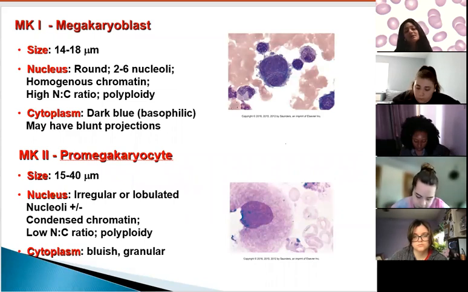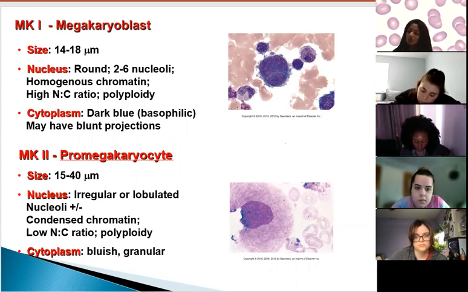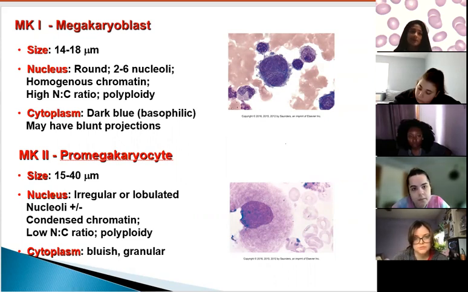Now, megakaryocytes are recognized in different stages. Obviously, this is a cell that is coming from a stem cell, so it's going to differentiate eventually into a megakaryocyte, and then eventually it's going to give us some platelets from the cytoplasm.